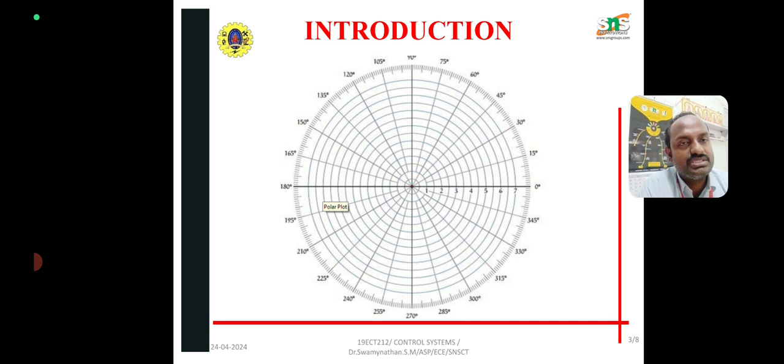Magnitude is the round side and phase angle is in degrees. You mark 0 degree, 15 degree, 30 degree and 45 degree, increasing by 15 degree each time, up to 345 degree, and again 345 plus 15 is 360 degree, which is 0 degree. So from 0 degree to 345 degree it is rotated, which is called the radial circle. This is called the polar graph.